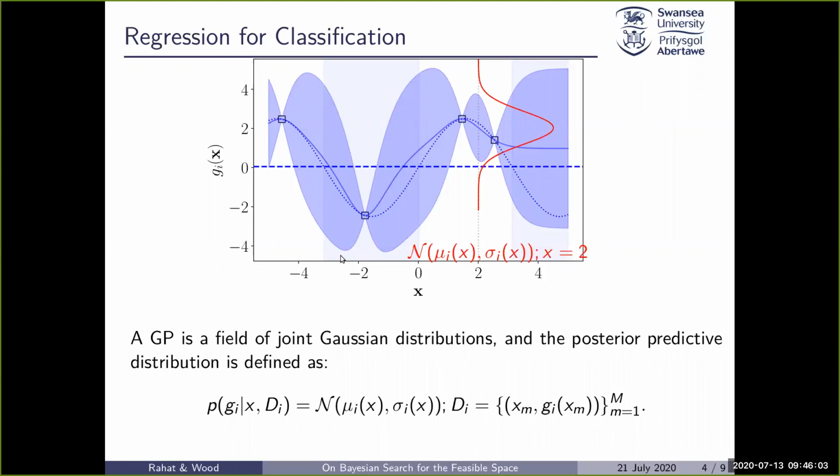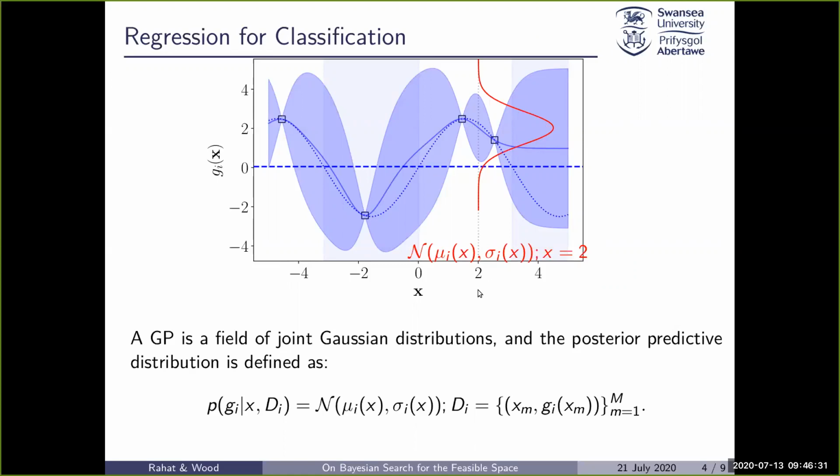The beauty of it is that it produces a mean prediction, which is shown in solid blue here, and it also tells us how uncertain it is about the mean prediction. And it turns out for Gaussian processes, the predictive distribution is normally distributed with a precise mean and standard deviation as defined by the whole mechanism.